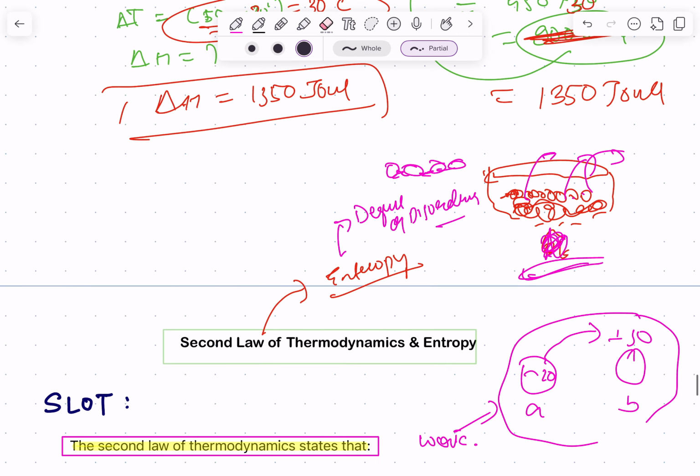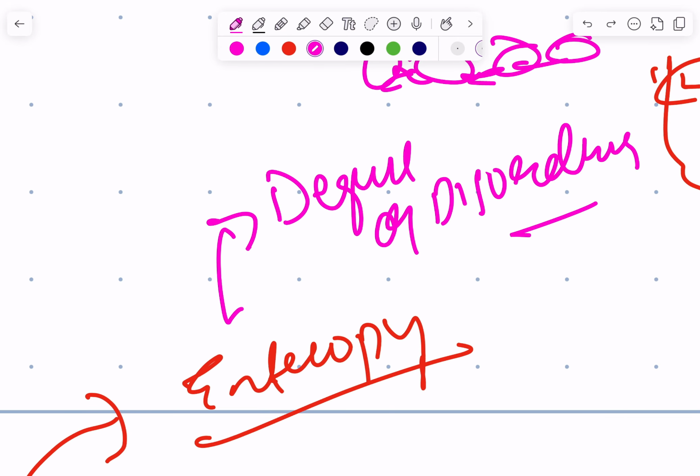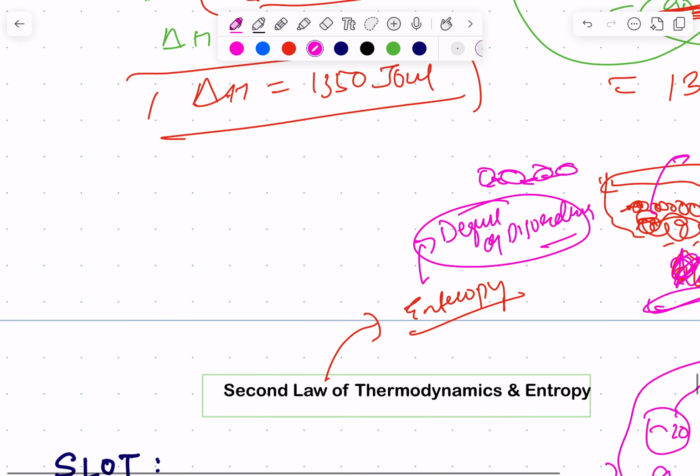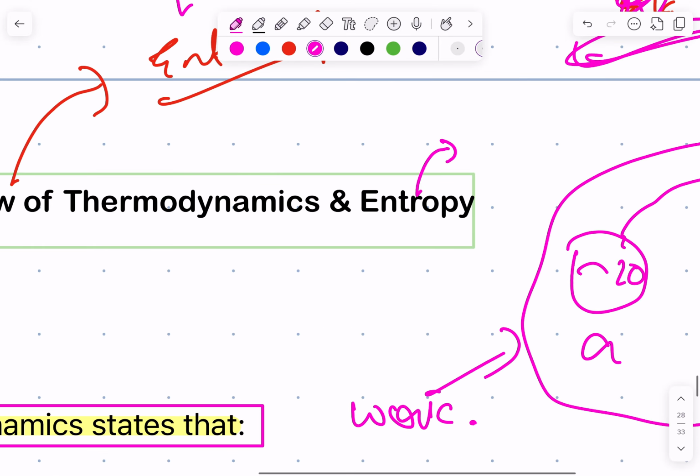So wherever they ask you about entropy, simply remember this phrase: degree of disorderness. Entropy is represented by delta S, capital S, not small s.